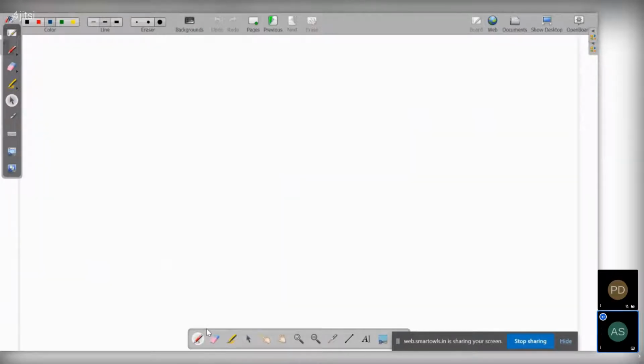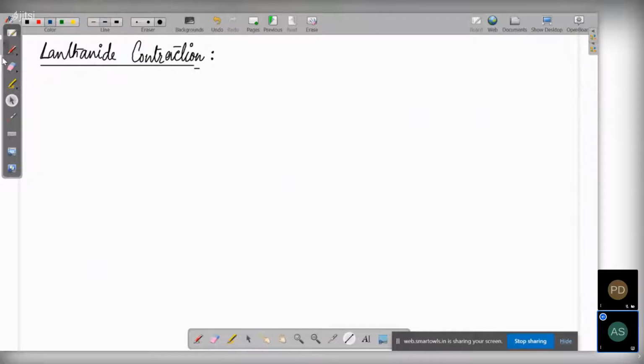So today we start doing lanthanide contraction. What do we know?